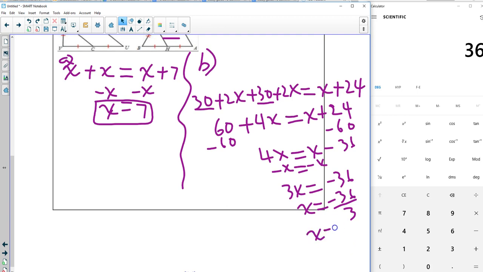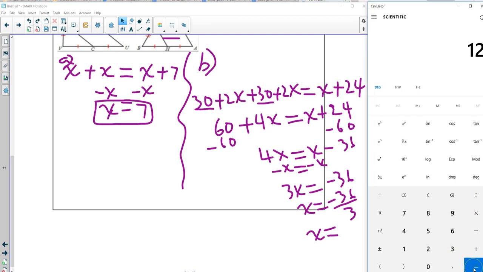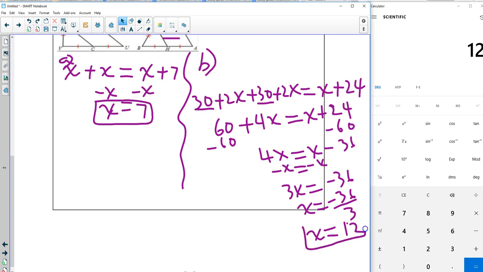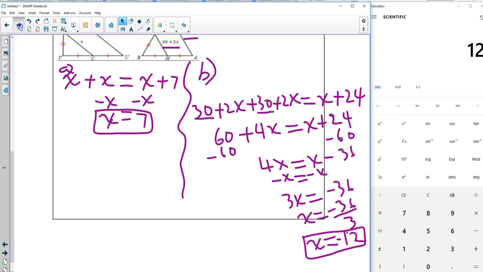So x is equal to 36 divided by 3 equals 12. Negative 12. Ooh, almost messed up there. Okay, let's go to the next page.